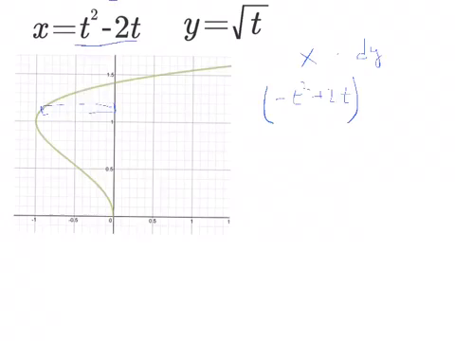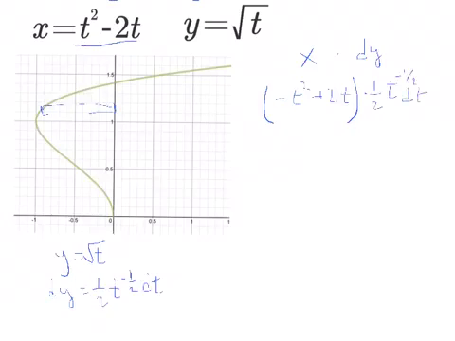And what is dy? Well, we know that y equals the square root of t. So therefore, dy is equal to 1/2 t to the negative 1/2 dt. And so then we have to multiply by 1/2 t to the negative 1/2 dt.